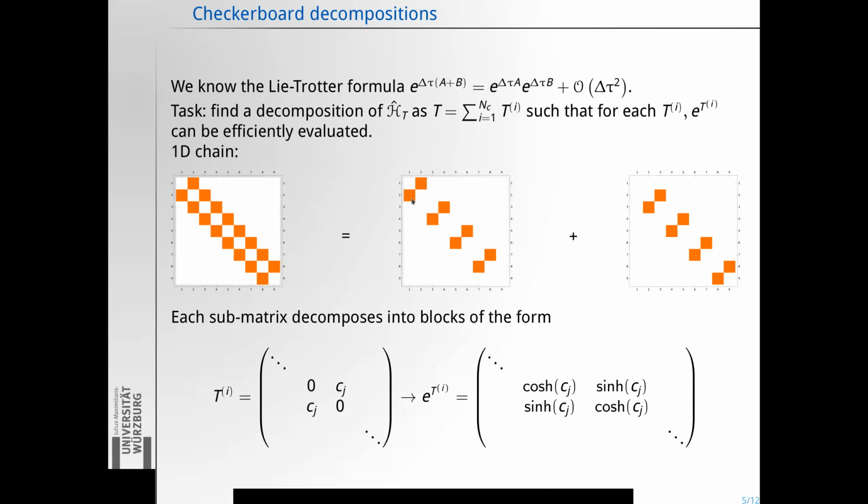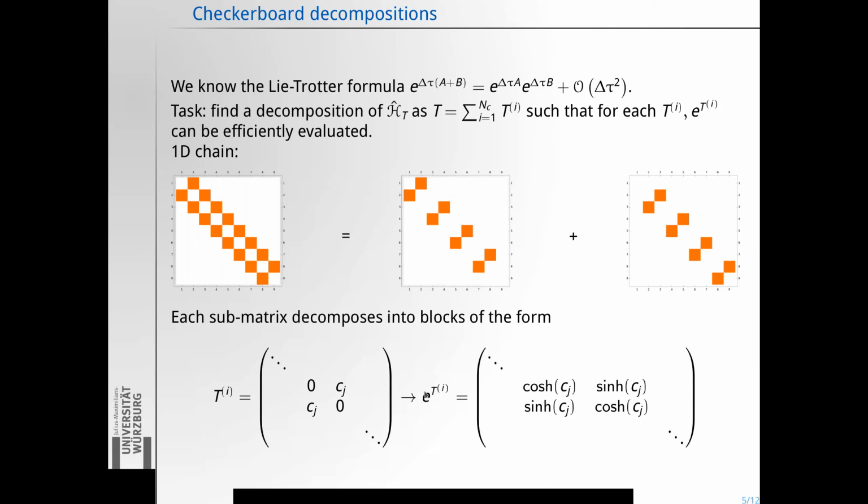So for example, this one over here is a separate 2 by 2 block. This is a separate 2 by 2 block. And the entire matrix is block diagonal in these 2 by 2 blocks. So it just boils down to exponentiation of small matrices.